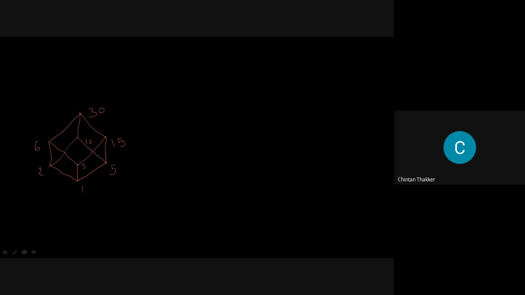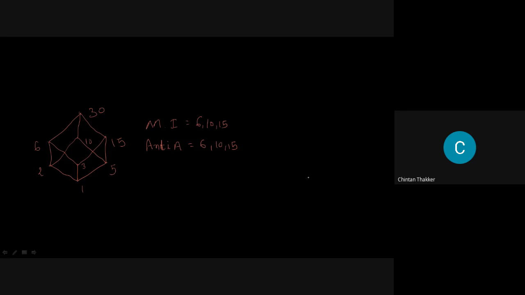So here the meet irreducible elements are 6, 10 and 15, and all these three elements have cover 30. So the anti-atoms are all three: 6, 10 and 15. Okay.